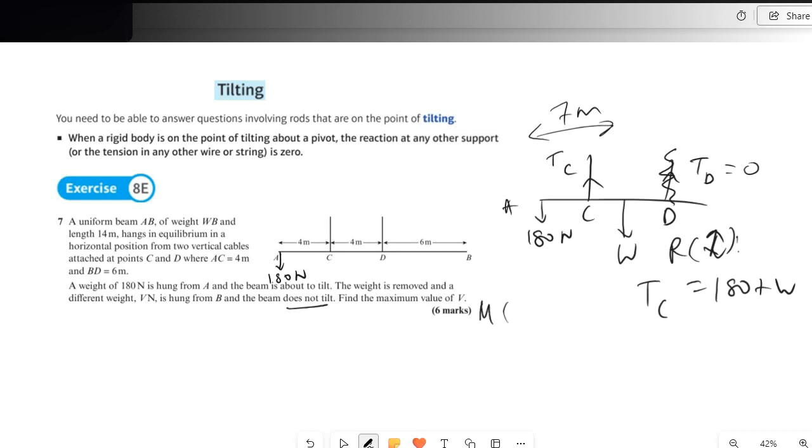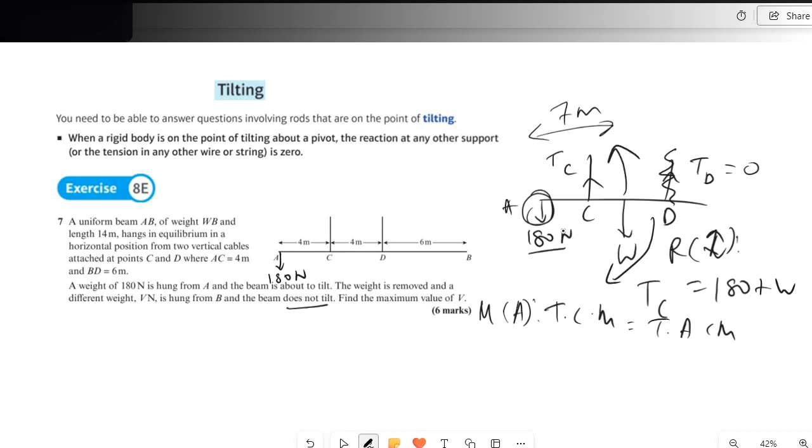And taking moments from A, we can say that the total clockwise moment is equal to the total anti-clockwise moment. Here the clockwise moment is being provided by this force only, because we have assumed that this is the pivot. So the turning effect of 180 newtons is going to be 0, and the force acting opposite to the direction of W is providing the anti-clockwise moment.